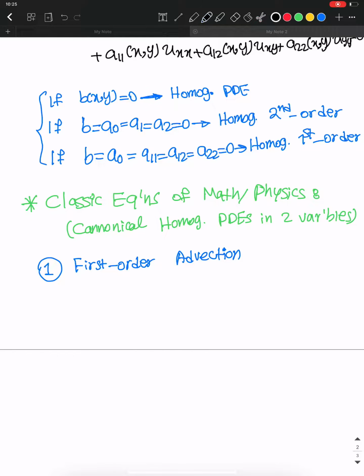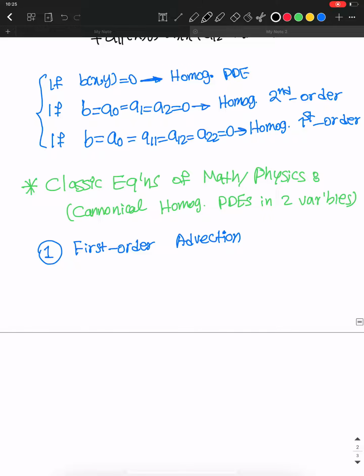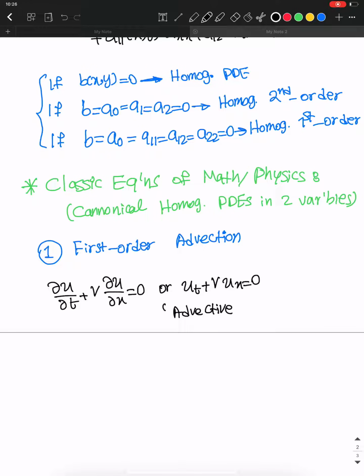The form of it is du over dt plus v, which can be a constant, times du over dx equals 0, or you can write it in this notation: ut plus v ux is 0. Okay, so this is called the advective transport equation.